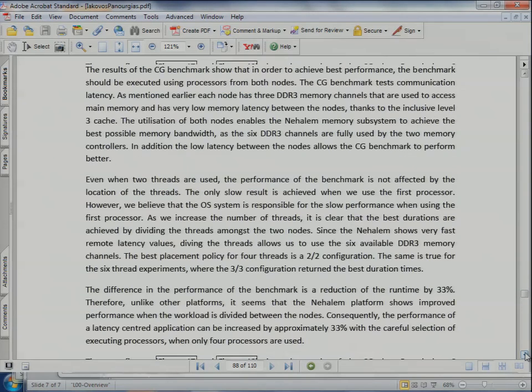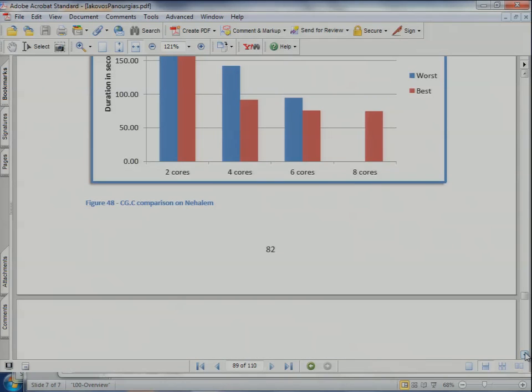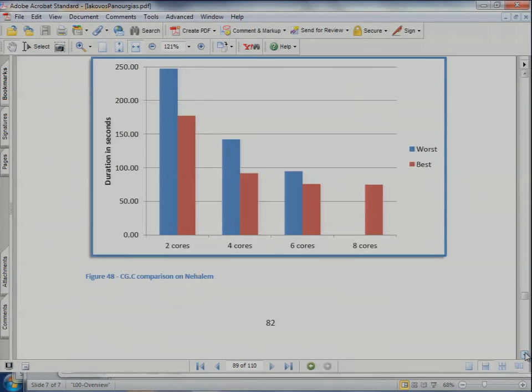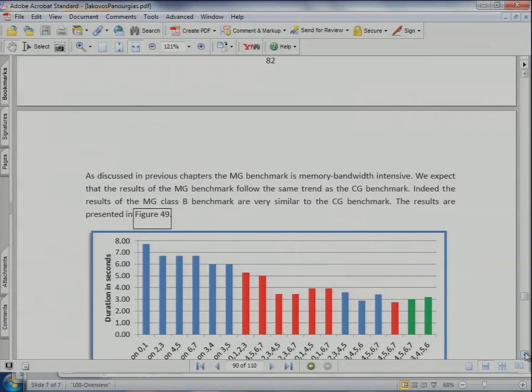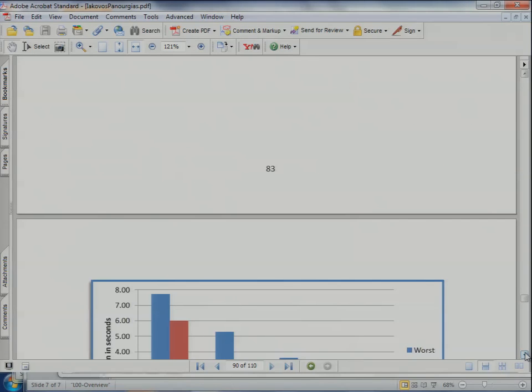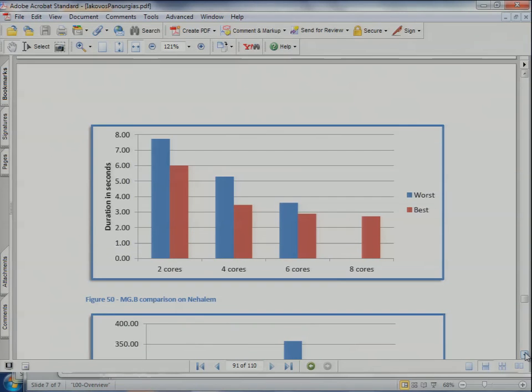He looked at the effect of best versus worst performance on the Nehalem. So this is the similar run on a Nehalem processor, and I think he found the effects were less dramatic than the AMD, but again, you can see that there is a significant NUMA effect.